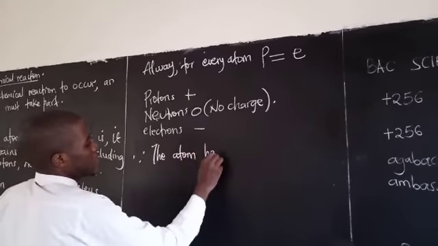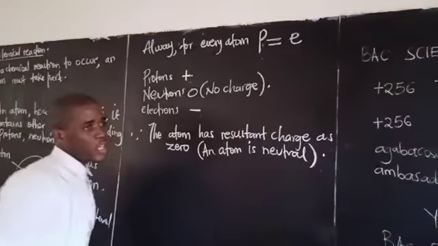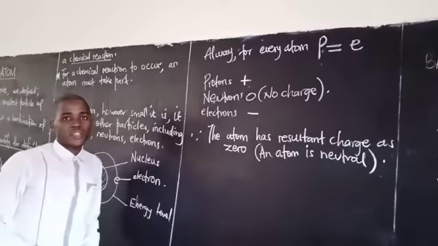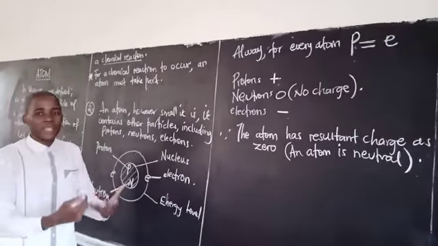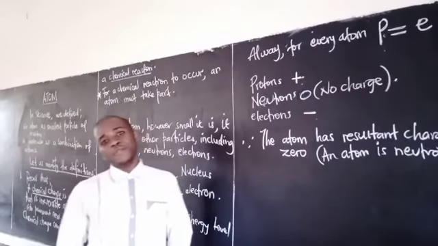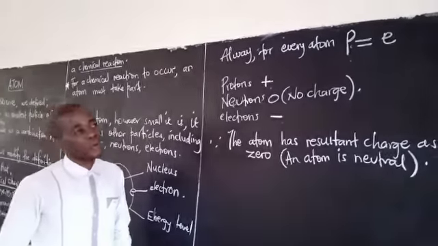It's because protons always are equal to electrons, and therefore the charges on protons will always cancel out the charges on electrons, and so the resultant charge will always be 0. We can use mathematics knowledge here, that whenever you have positive 1 and you combine it with negative 1, then you have the resultant sum as 0.